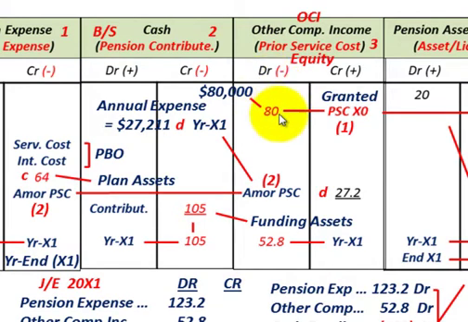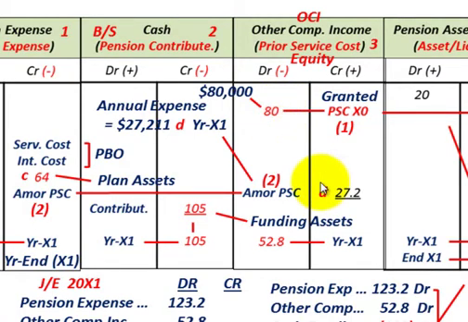Just remember, you have to debit or reduce your other comprehensive income by the amount that was granted. That's at the grant date. And then each of the years, you start out with your reduction. You immediately take your reduction, and you recognize this other comprehensive income as a liability for your projected benefit obligations.